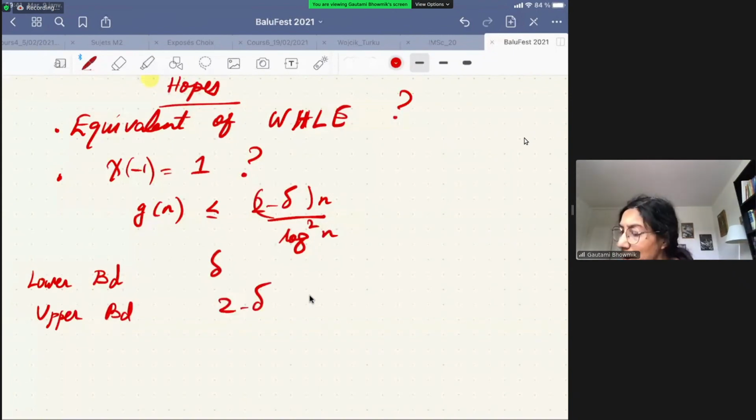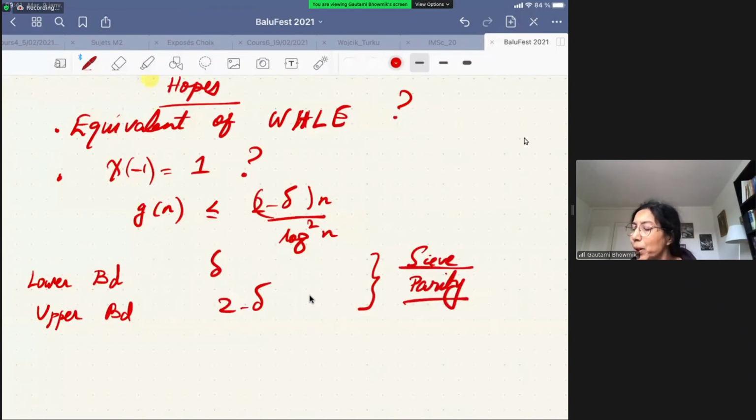Yeah. So this is actually morally quite close to a sieve parity problem, and this might be doable. In that case, probably some more properties of chi can be included in the proof.